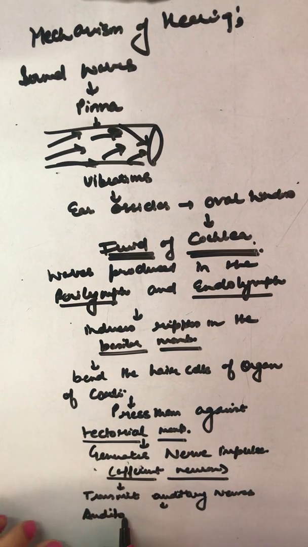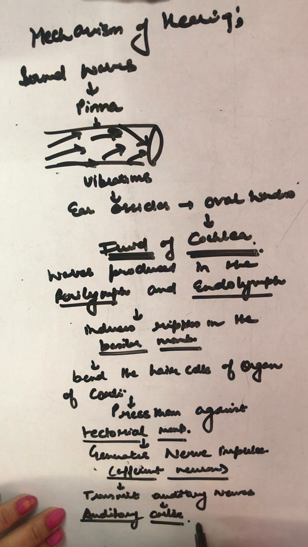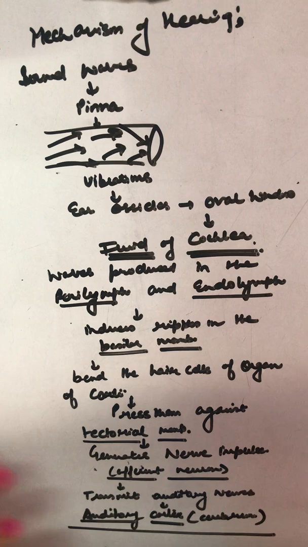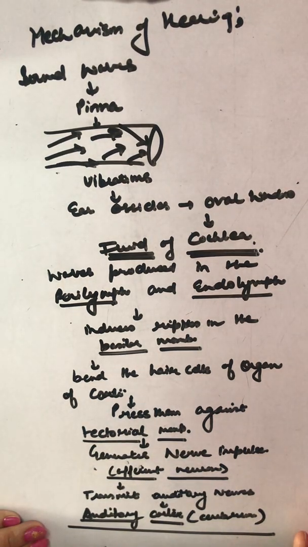Auditory is for hearing. The auditory cortex region of the brain is mainly in the cerebrum, where the impulse is analyzed and the sound is recognized. This is how the mechanism takes place.